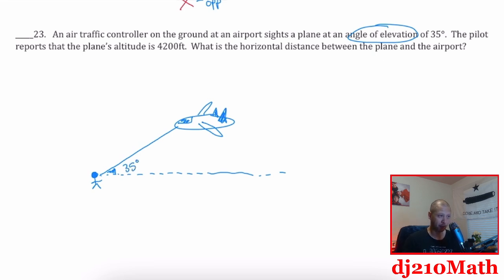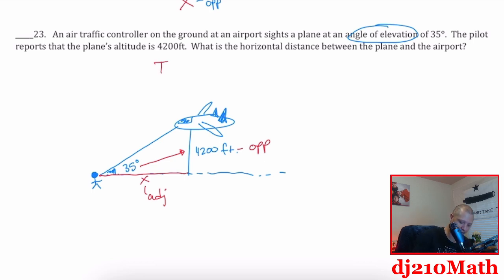The pilot reports that the plane is at an altitude of 4,200 feet. What is the horizontal distance between the plane and the airport? So we're looking for this side. In relation to the angle, 4,200 is opposite. What we want would be the adjacent. So we've done this multiple times already. This is tangent.